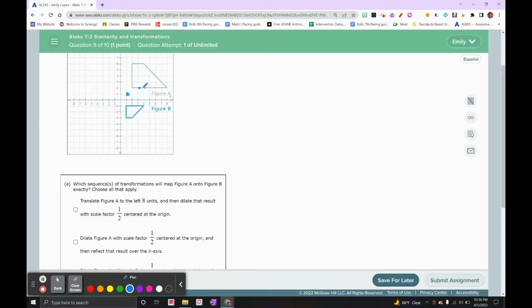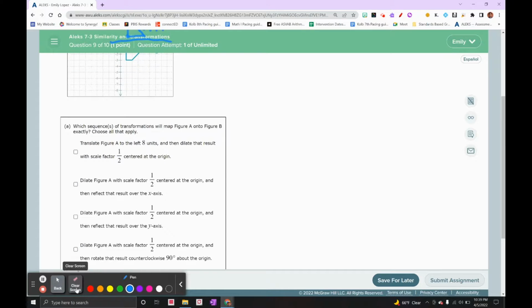The side length 1, 2, 3, 4, 5, 6 is reduced to 3. The height of the trapezoid is 4, so it's reduced to 2. This 2 will reduce to 1. It's going to look like this. And they say reflect across the x-axis. Yes, so when you flip it over, it will map to figure B. So the correct answer is the second option.